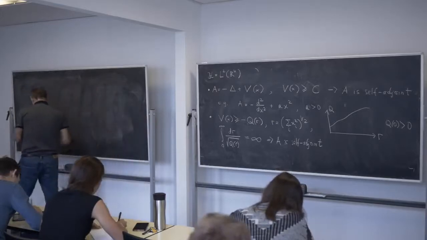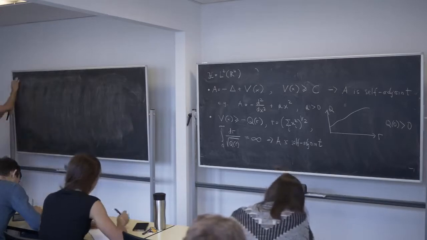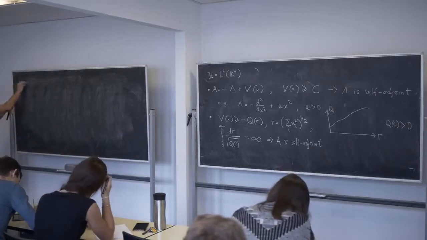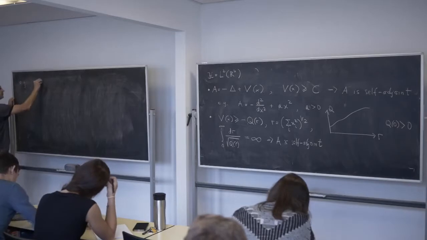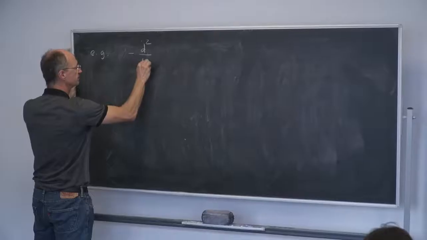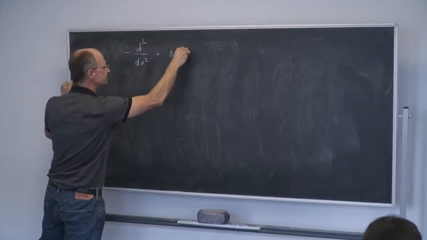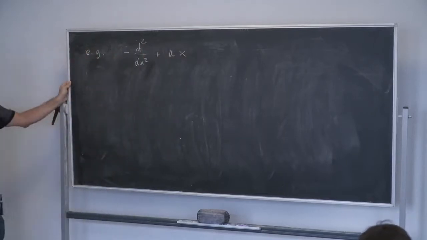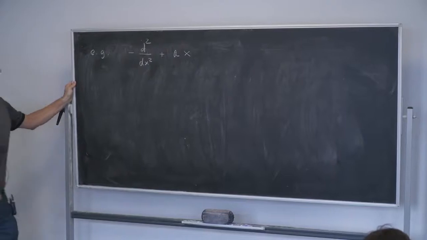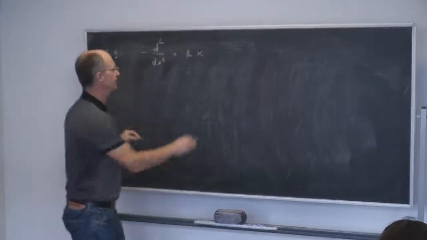A couple of concrete examples, which are important examples. So again, for n equal 1, the linear potential. So this is self-adjoint.